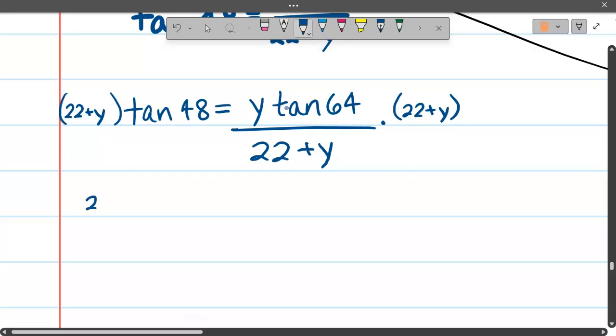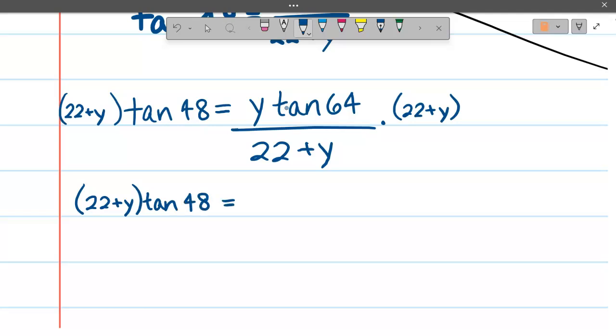So now I have 22 plus y times the tangent of 48 equals y times the tangent of 64. So I'm going to make this look a little simpler. If we had something like this, 22 plus y times 5 equals y times 7, that wouldn't be that bad.